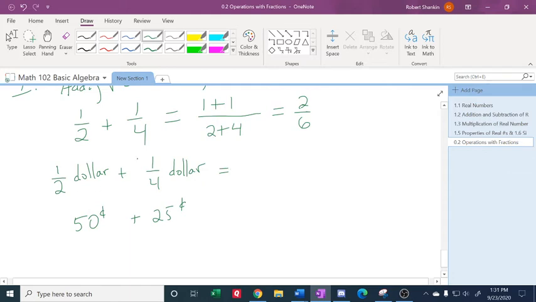And I used your method, and I got 2/6 of a dollar. And I analyzed this 2/6, and I said, well, 2 is to 6 as 1 is to 3. So this is the same as 1/3 of a dollar. 1/3 of a dollar is 33 1/3 cents. But I know that when I add 50 cents and 25 cents, I get 75 cents.